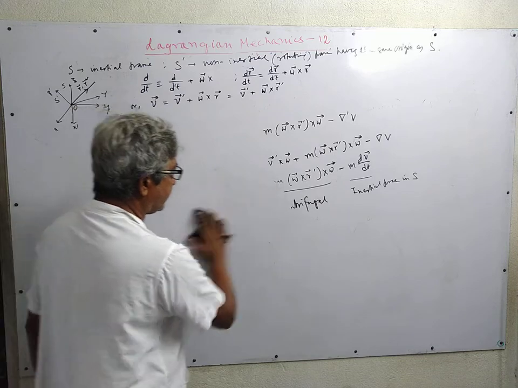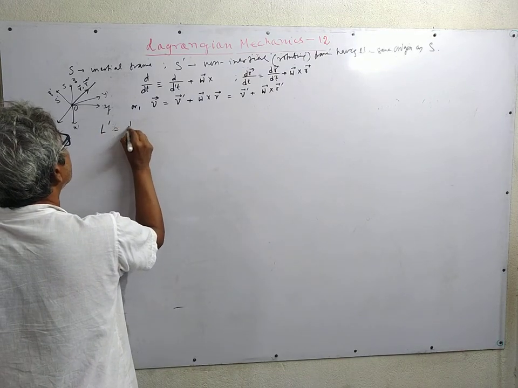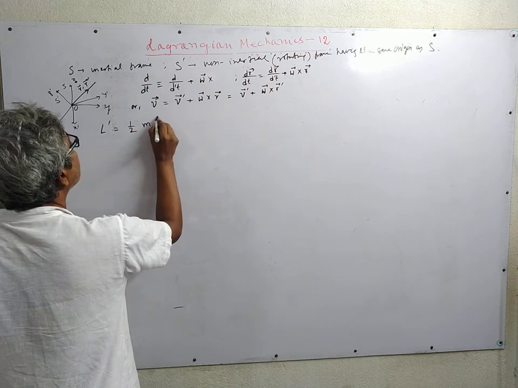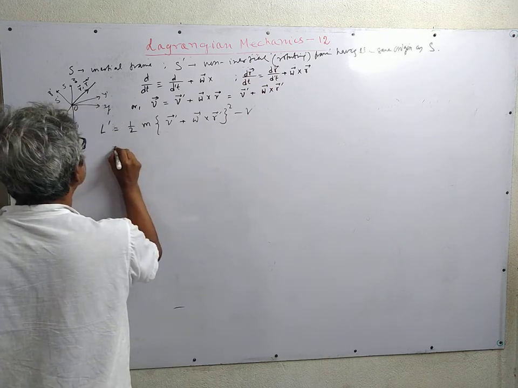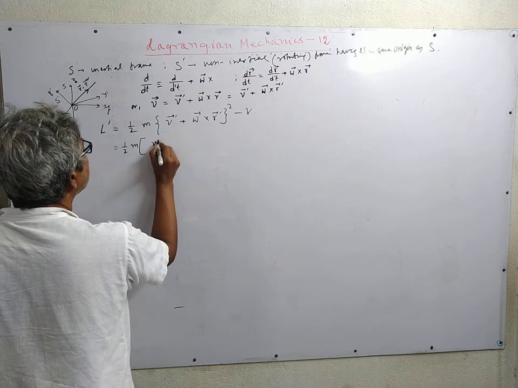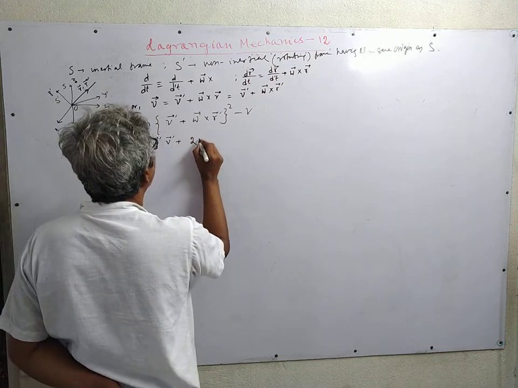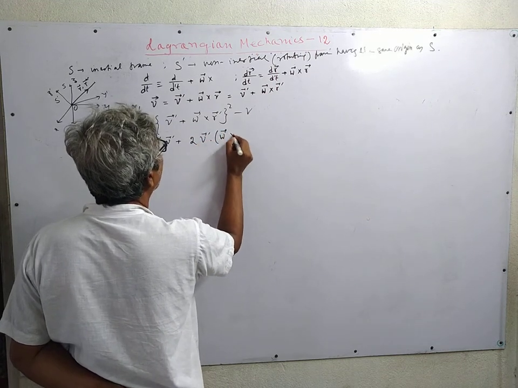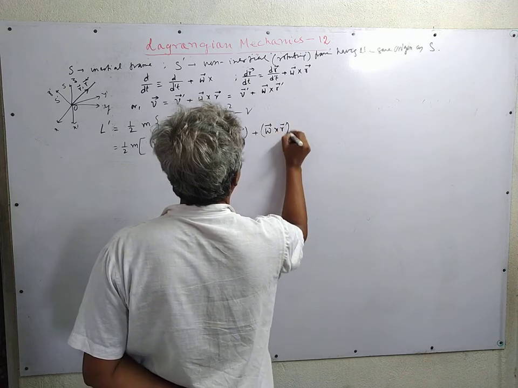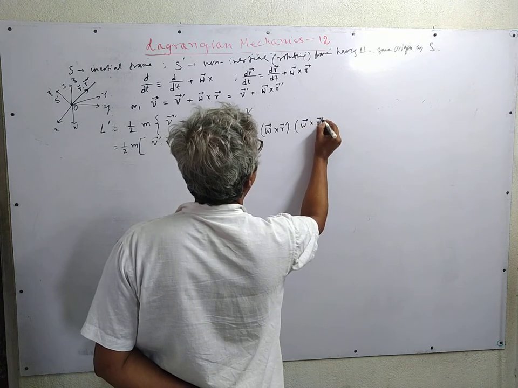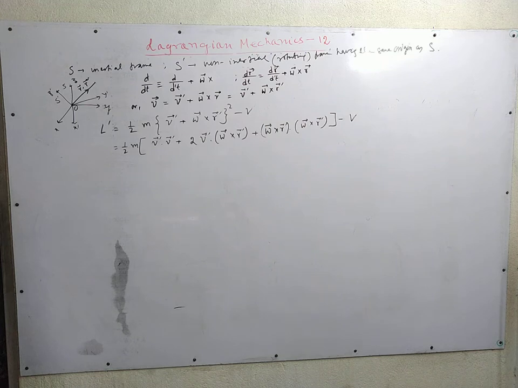The Lagrangian we have written as L', as we have done in the first part, is half m times (v' plus ω cross r') squared minus V. So this we wrote as v'·v' plus the cross term, twice v'·(ω cross r'), plus (ω cross r')·(ω cross r'), minus V. We take a differential, or a change, in the Lagrangian.